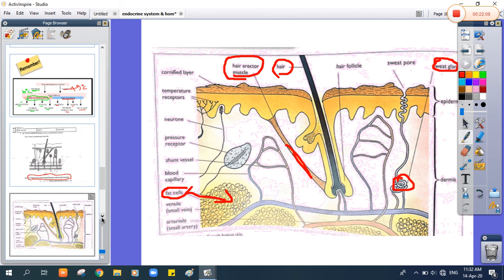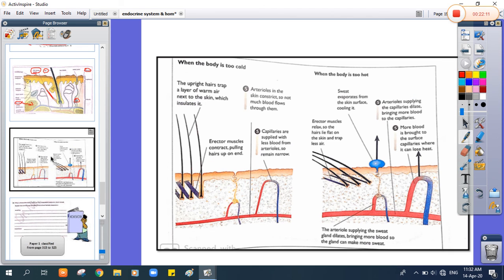Okay. The last question, or no, not a question, but it is a very important note that in the weather that is too cold, do you see that the hair here is erect, and in the hot, the hair here is not erect.